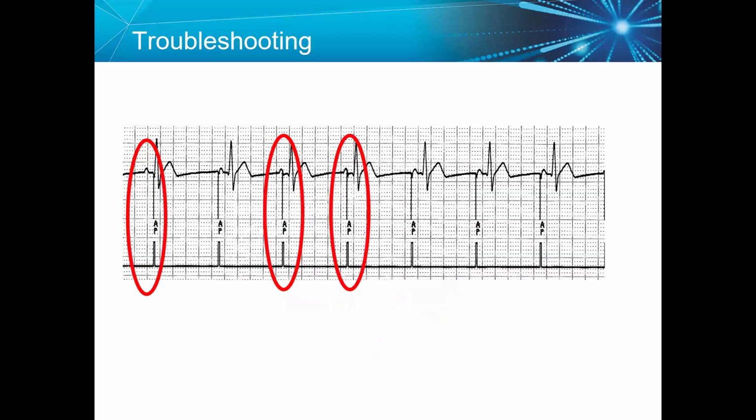And here also atrial sensing and then atrial pace after the P wave. Here atrial pace followed by a P wave, then a P wave followed by atrial pace, then a P wave followed by atrial pace. So there is also a loss of capture.